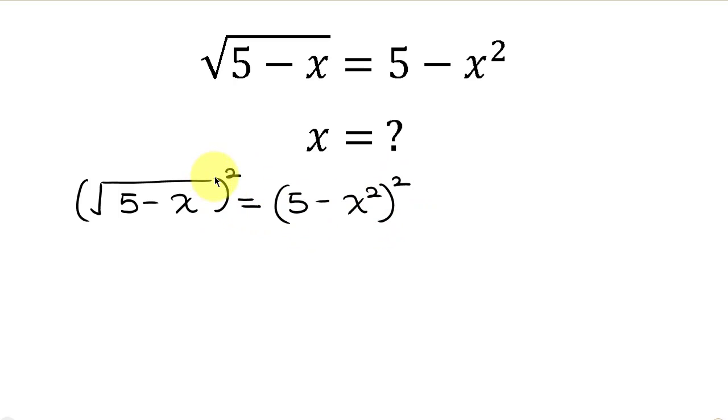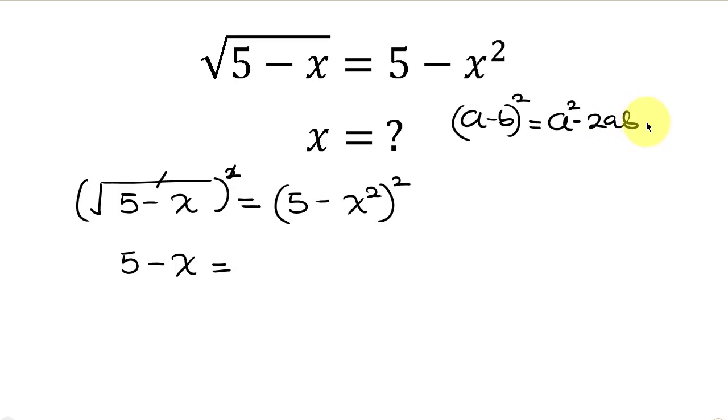Now notice that this square cancels out the square root so that we have 5 minus x on the left hand side to be equal to, now the right hand side is of the form a minus b, all squared. And this is expanded as a squared minus 2ab plus b squared.